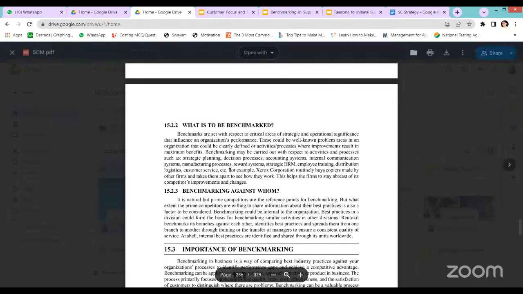The next one is what is to be benchmarked. What is required to be benchmarked are critical areas of strategic and operational significance that influence organization performance.